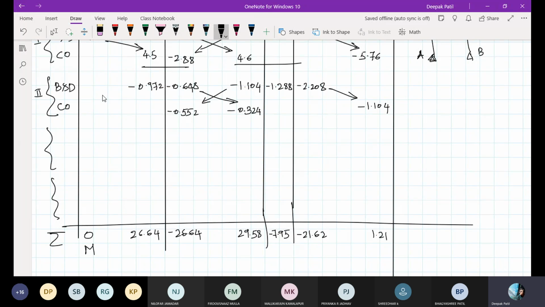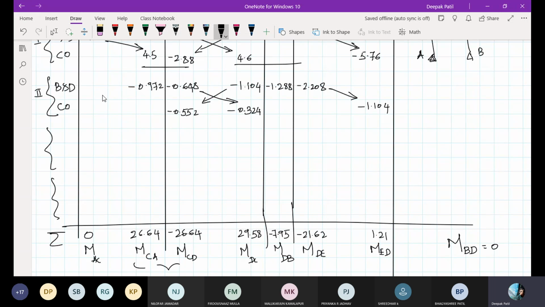So this is MAC, MCA, MCD, MDC, MDB, MDE, and MED. Of course, MBD will be 0.